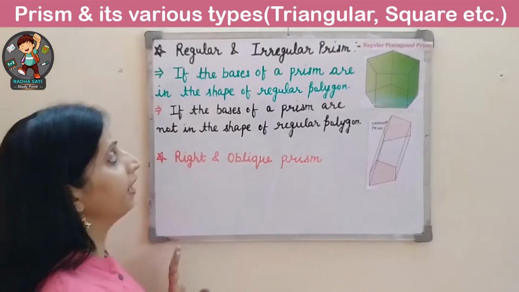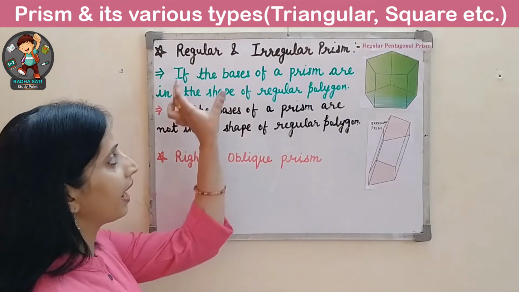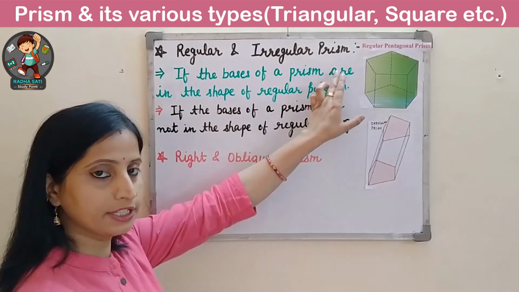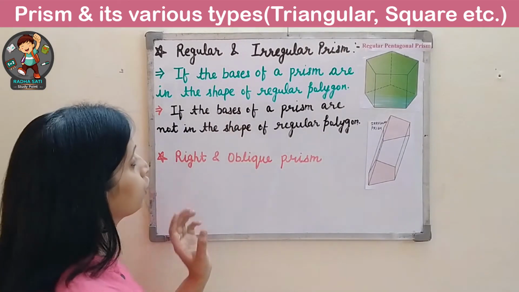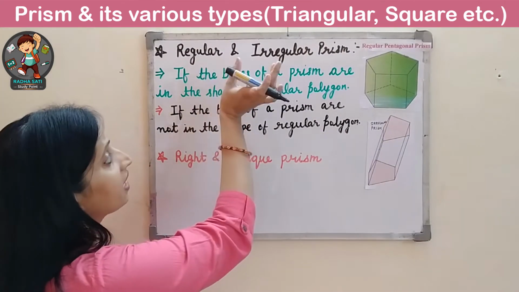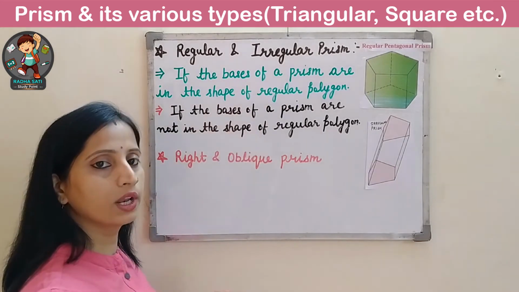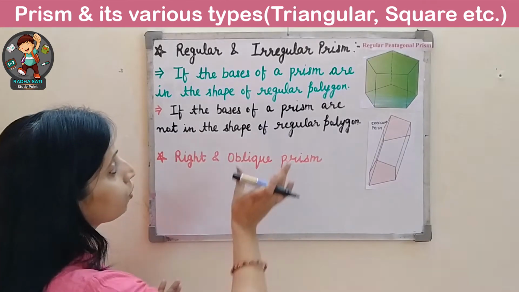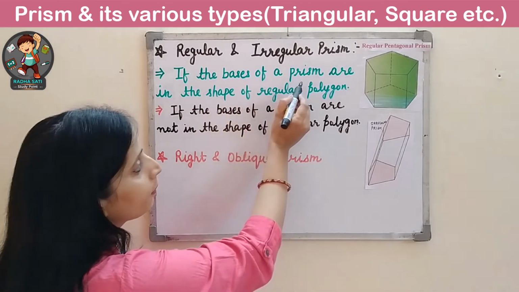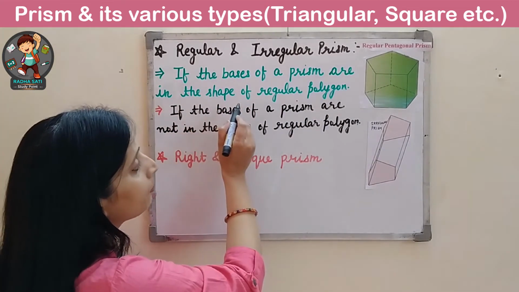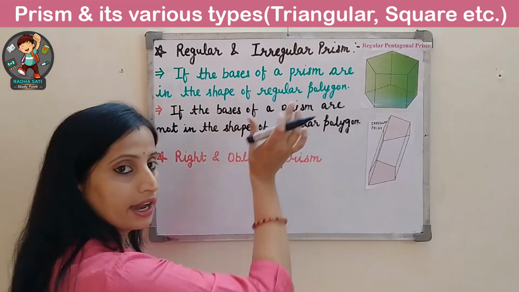Now a prism can be further classified into regular and irregular prism and also right and oblique prism. So first we will discuss what are regular prisms and irregular prisms. So a regular prism means the bases of the prism are in the shape of a regular polygon.